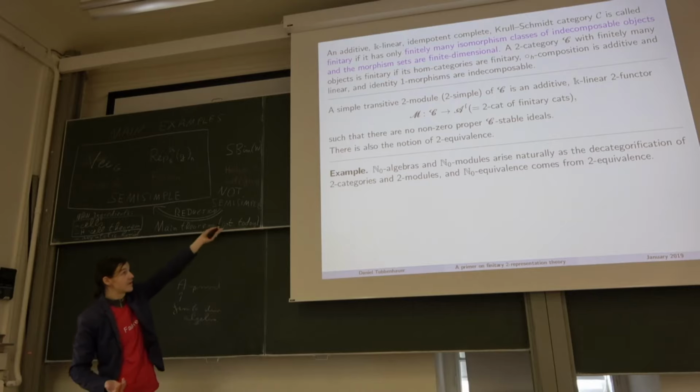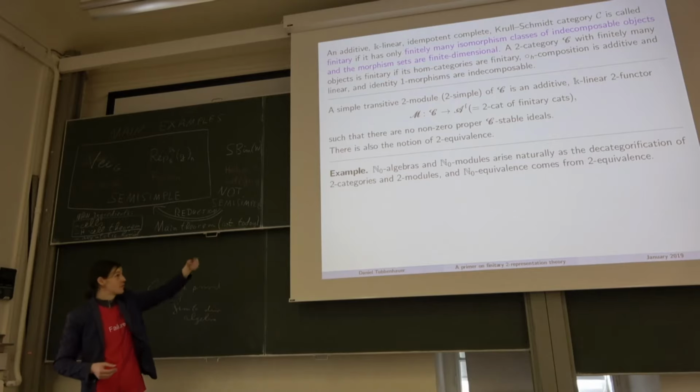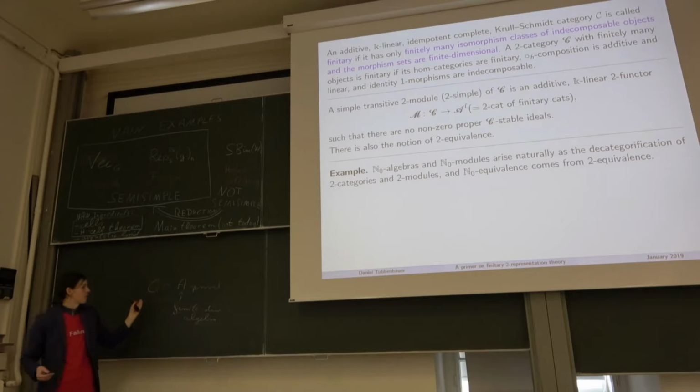And now a simple two representation. So a finitary two category is exactly the same. And you can form a two category of finitary two categories where your objects are finitary two categories, your morphisms are structure-preserving functors, and your two morphisms are natural transformations.